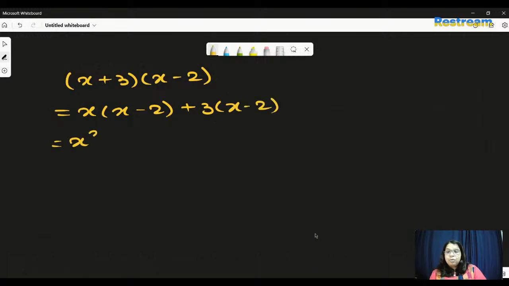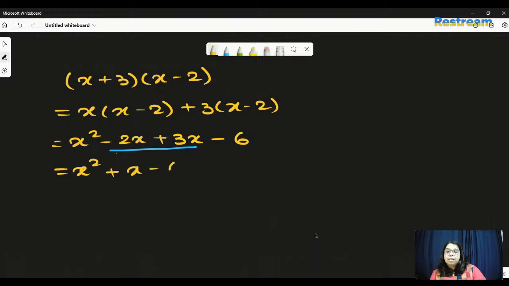That is x square minus 2x plus 3x minus 6. Now if you see, these two are like terms. So you can further simplify them. You can write x square plus x minus 6. Now these kind of expressions are called quadratic expressions.